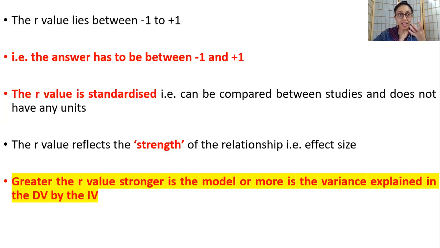Meaning calcium supplementation is the variable which is predominantly responsible, 80% of it, for preventing the risk of fracture or osteoporosis among these postmenopausal women. So that is what it means by explaining variance. Say minimizing this risk is possible by 80% with the intake of calcium supplementation.